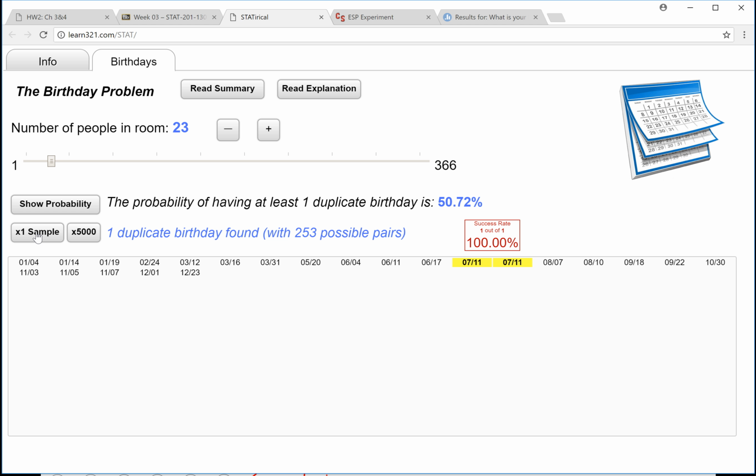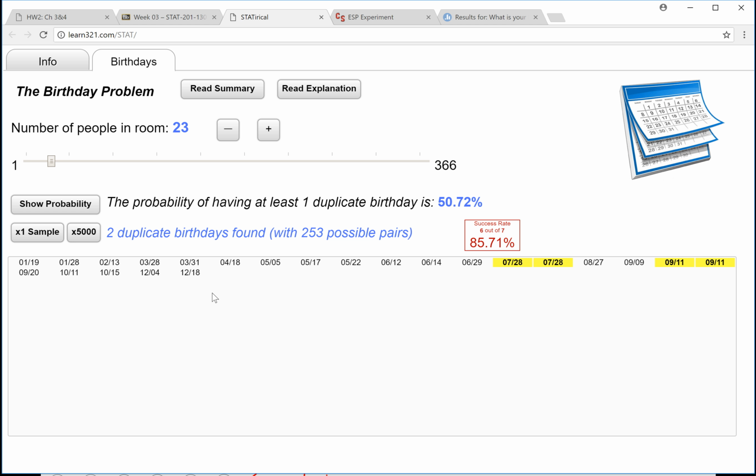You can actually click on the sample button, and it will generate birthdays for whatever size you've done, and you should go and look at that. But this probability comes from permutations.